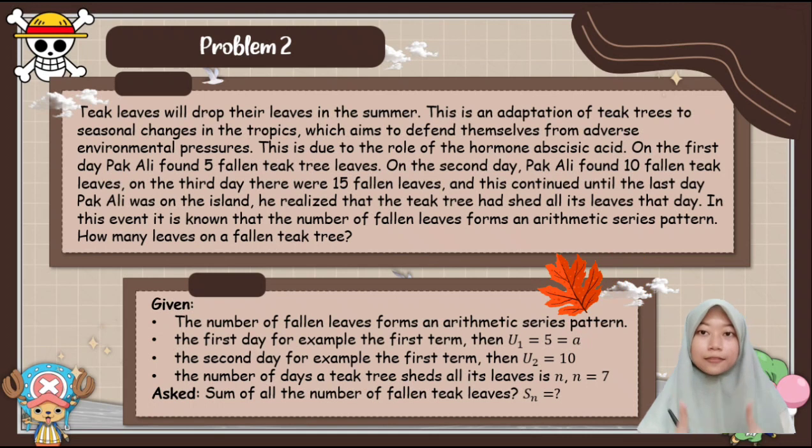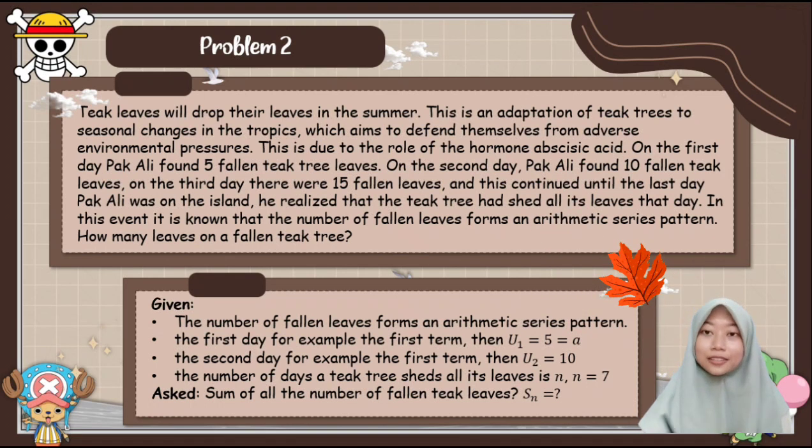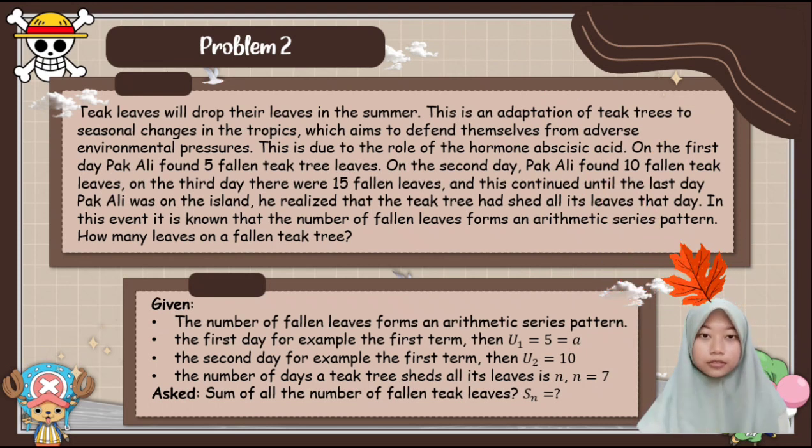On the first day, Pak Ali found 5 fallen leaves on the teak tree, and on the second day, Pak Ali found 10 fallen leaves, and on the third day, Pak Ali found 15 fallen leaves, and this continued until the last day Pak Ali was on the island.